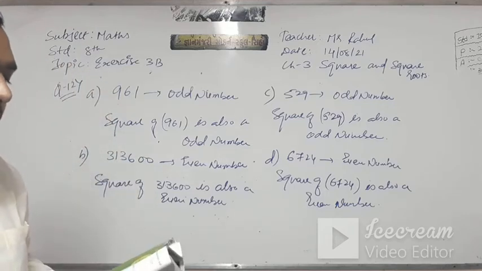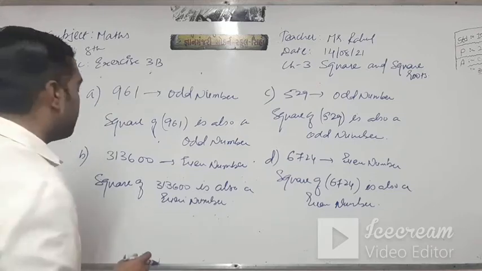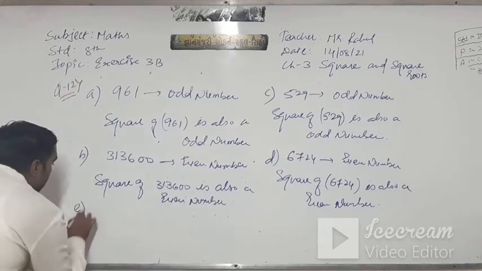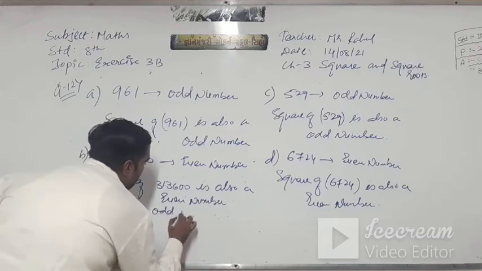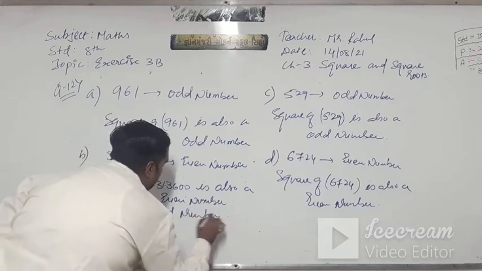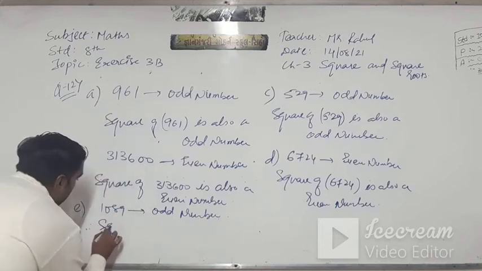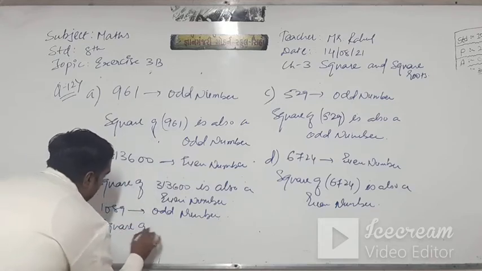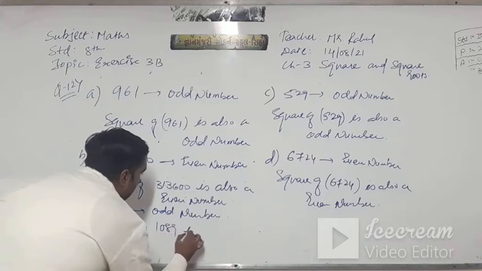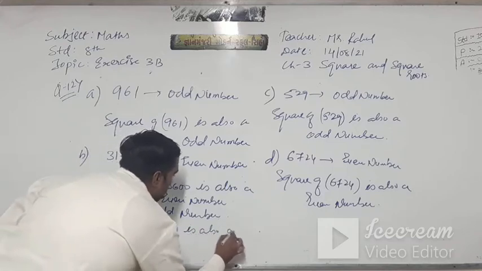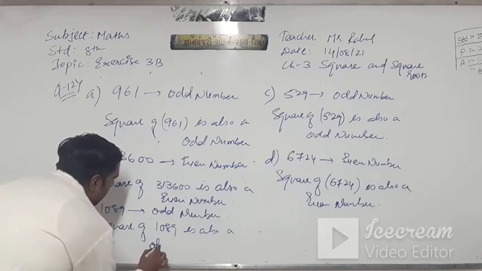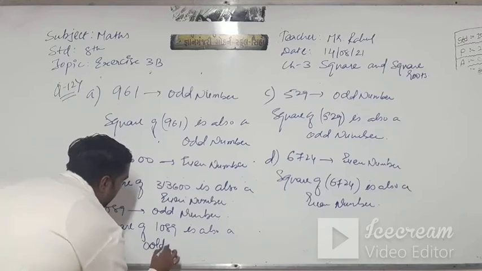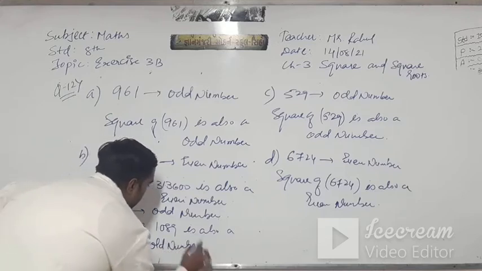Clear? Next is 1089. 1089 is an odd number, so therefore the square of 1089 is also an odd number.